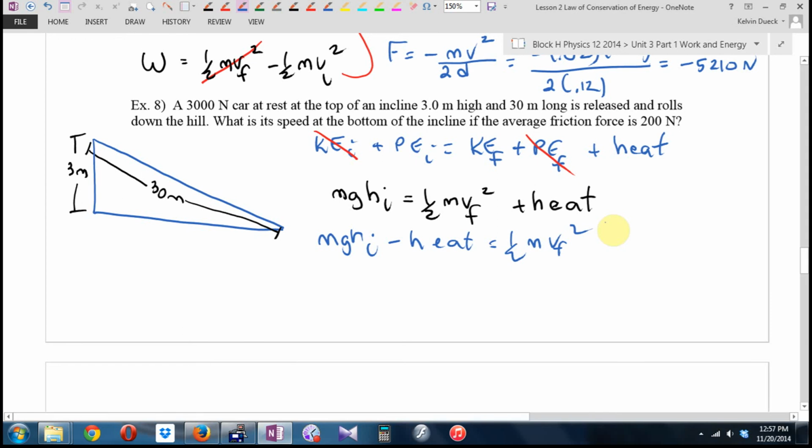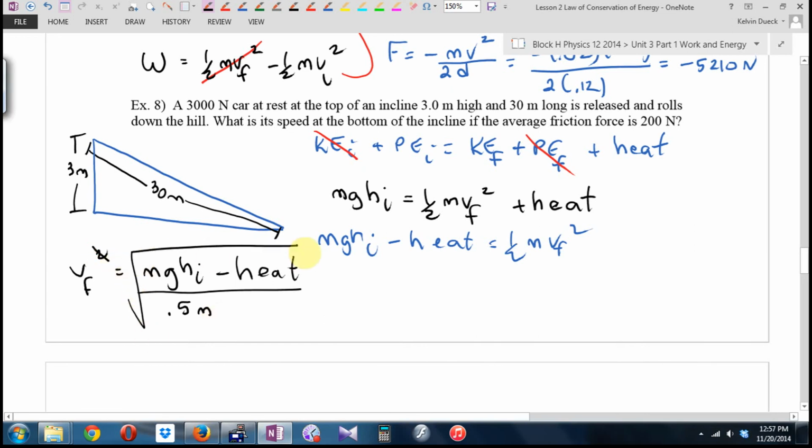I guess divide by m and divide by a half, except instead of dividing by a half, I'll probably put a 0.5 down there. V final squared is going to be mgh initial minus heat divided by 0.5 m. Hey, Miller, how to get rid of squared? Cross out the squared. Put a square root.